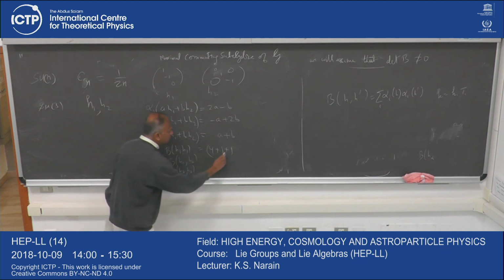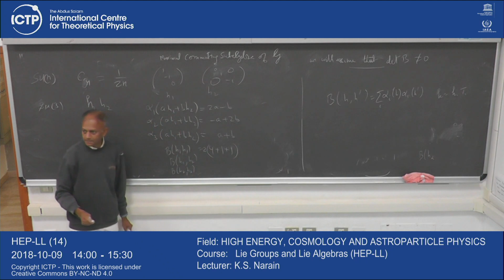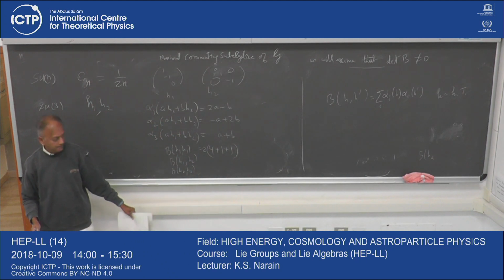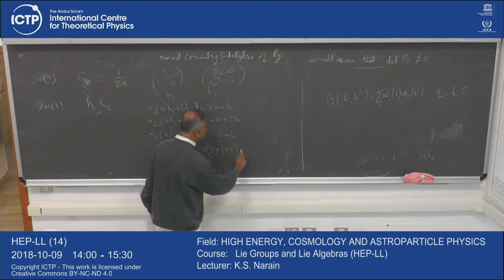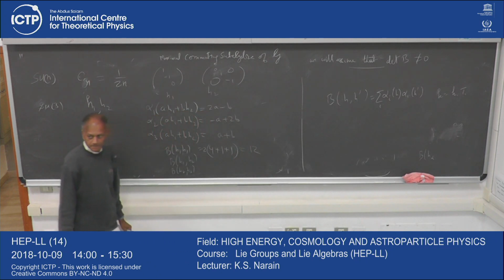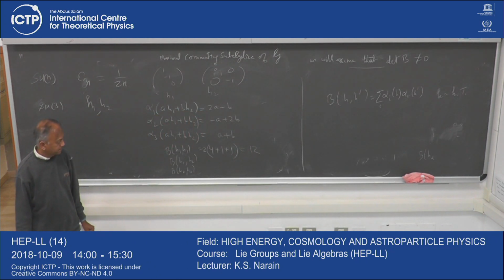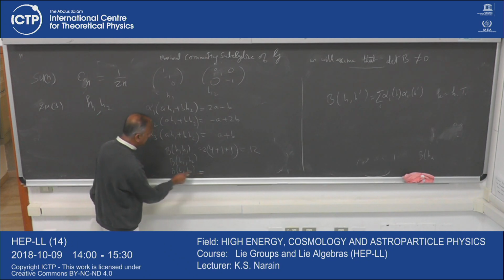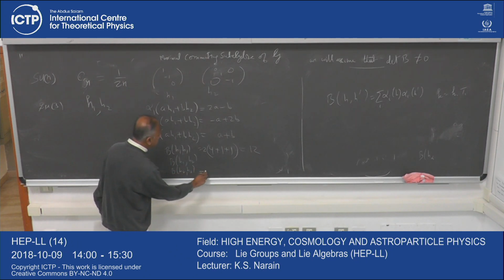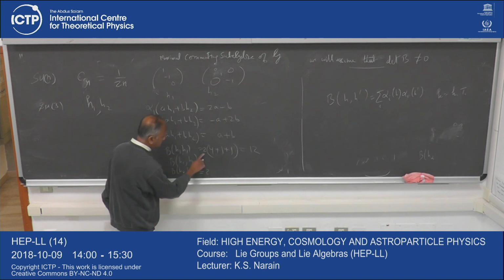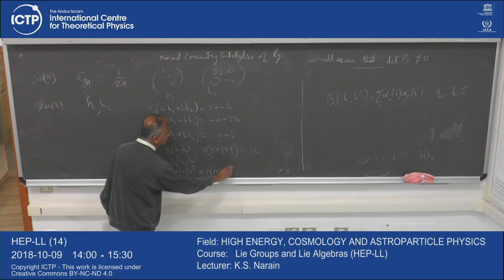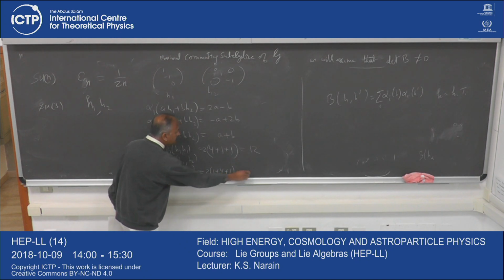And then a factor of 2, because I also have negative roots, which give the same number. So this is 12, I mean 4 plus 1 plus 1. Similarly, the same thing happens for B of H2 H2. You get 1 plus 4 plus 1, times 2, which is 12.